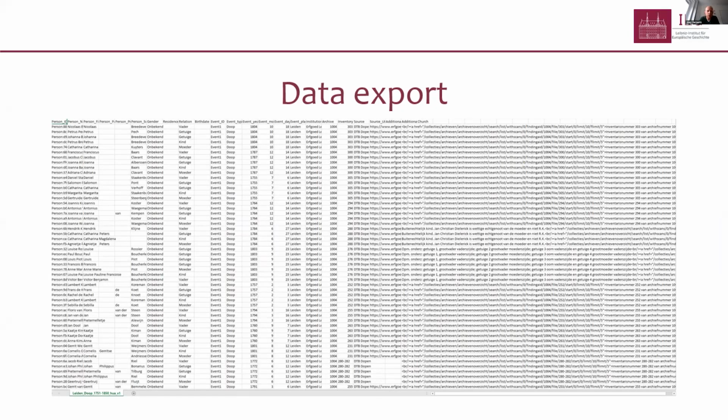So a data export, this is a close-up of one of the data exports that he gave me, looks like this. So you have various rows which detail the people who participated in a similar event, in this case, a baptism. So these large export files were the starting point of my research.